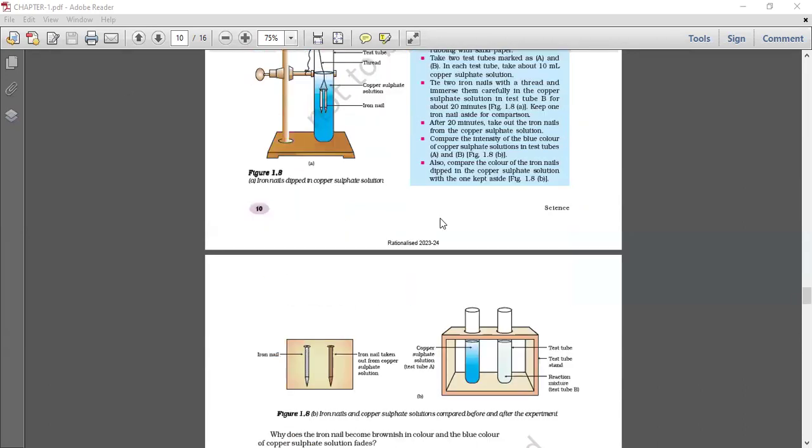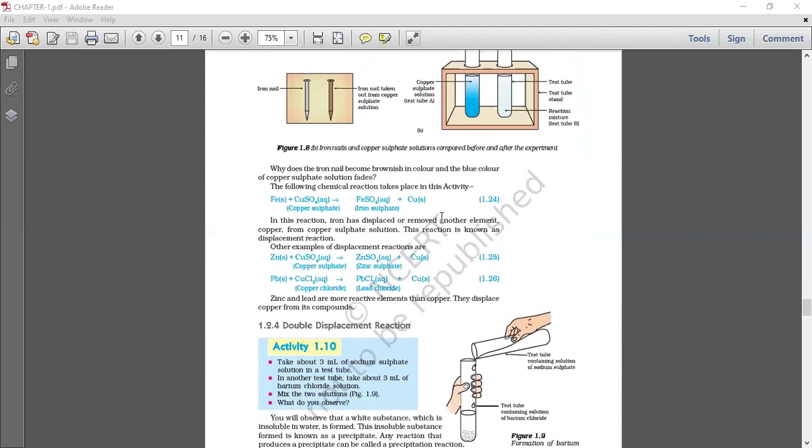In this activity we are taking iron, which is in solid state, and adding copper sulfate into the test tube. Copper sulfate becomes copper sulfate solution, which is why we write it as aqueous. It gives iron sulfate, FeSO4, plus copper.